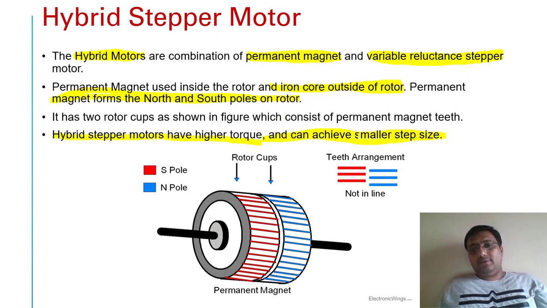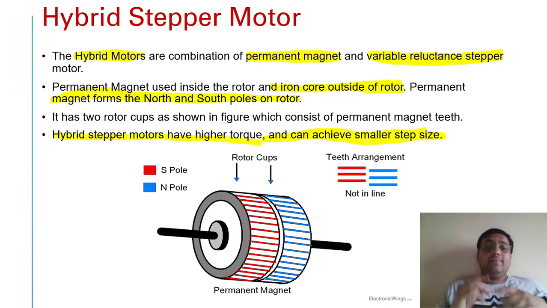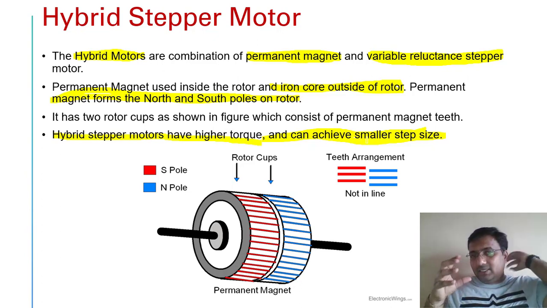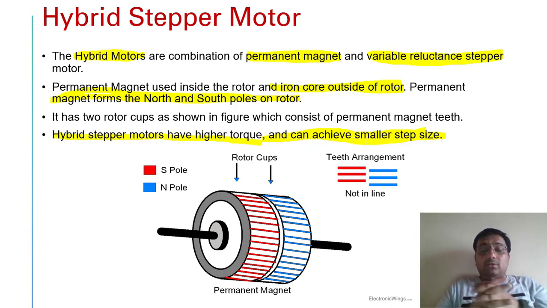Because it has teeth as well as a magnet, the output is very accurate, and it is possible to get small step angles. So these are the advantages of the hybrid stepper motor.